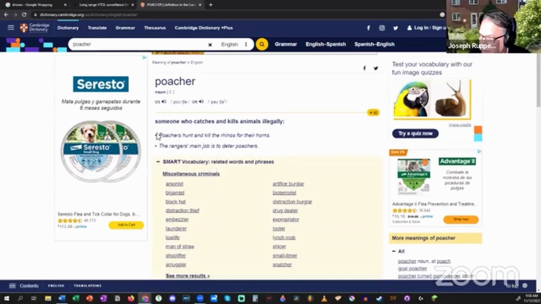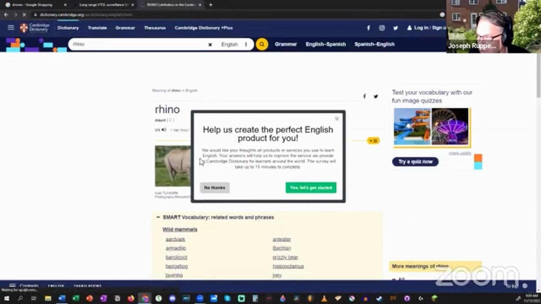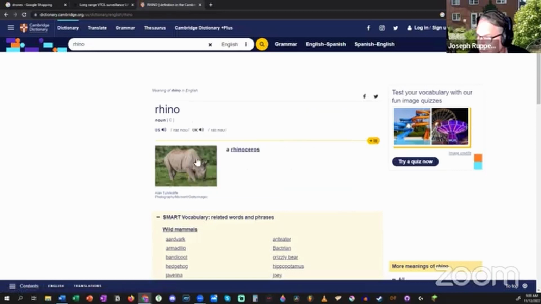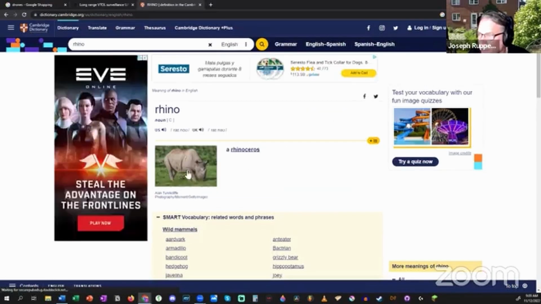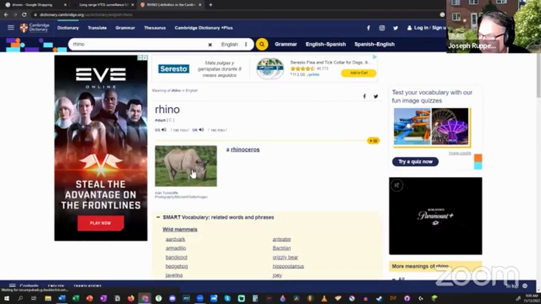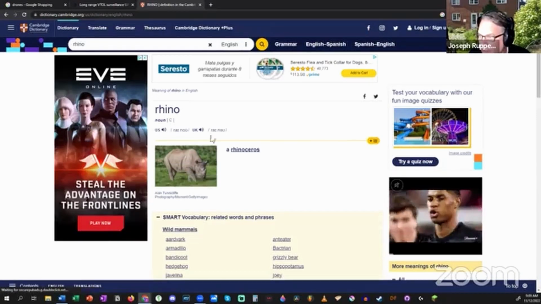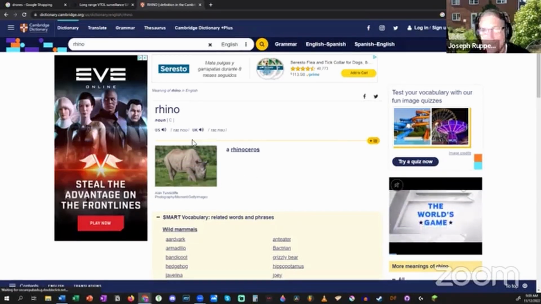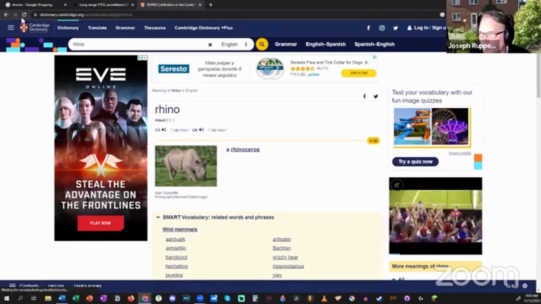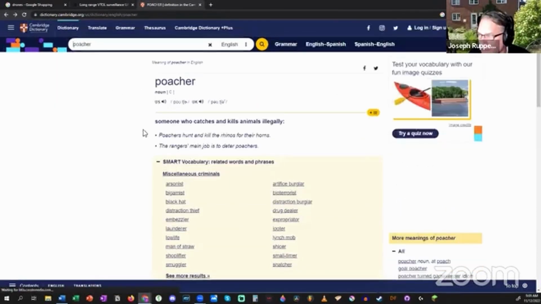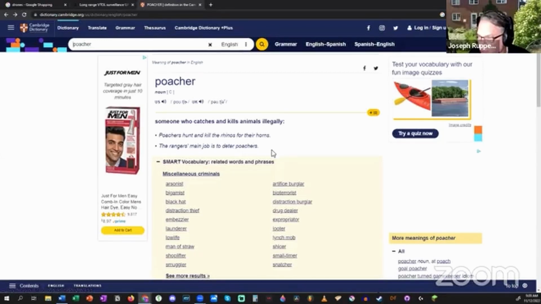We've got a couple of sentences here. Poachers hunt and kill the rhinos for their horns. So rhinos are rhinoceros. Let's take a look. So these guys right here. A poacher is someone who would catch and kill illegally a rhino to sell their horns or whatever they're doing. The ranger's main job is to deter poachers.